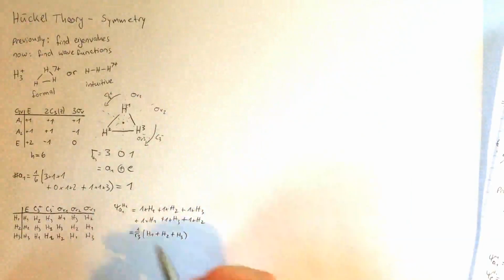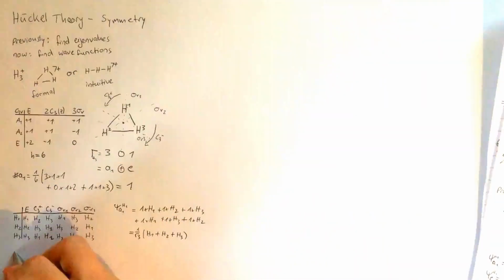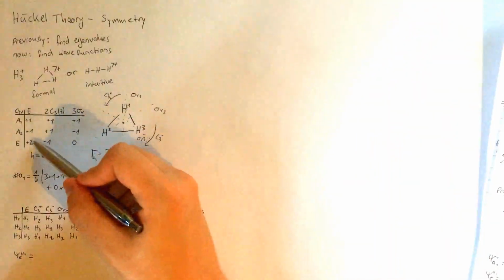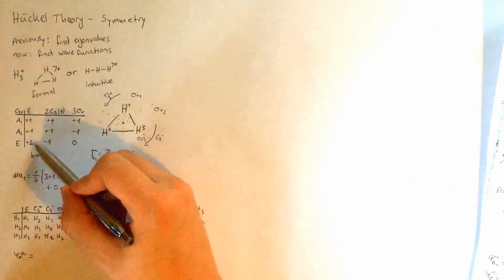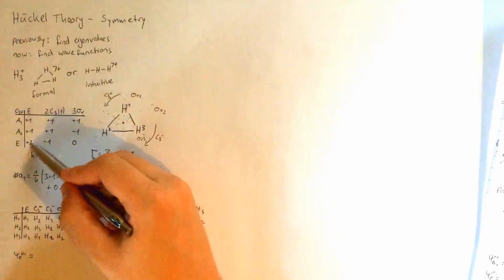Now, I need to do the same thing for the E irrep. So, psi E H1. And now, my character of the E irrep for the identity is 2.